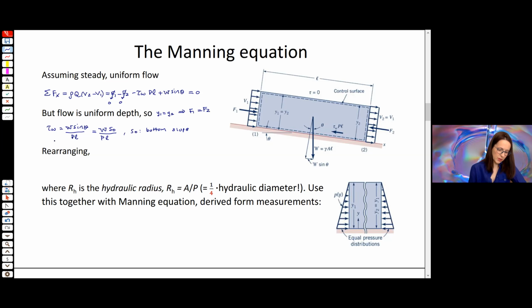Here, we've also used the small angle approximation, since that slope is typically much less than 1.